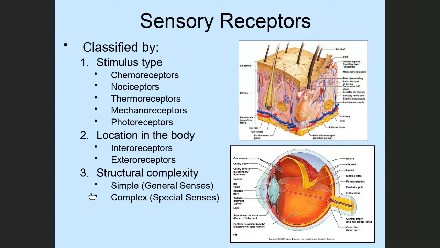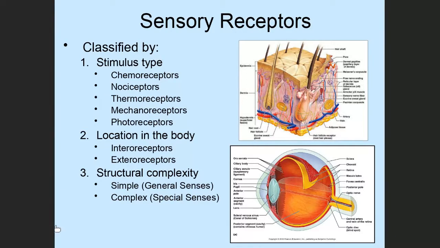So just to give you a couple of examples of that, I talked about some mechanoreceptors, some stretch receptors that are located in the stomach. That's really internal. It's within an organ of the body. That would be a good example of an interoreceptor. The Pacinian corpuscles, the Meissner's corpuscles, your eye, these structures that are located at the surface of the body or very close to the body's surface are good examples of exteroreceptors.